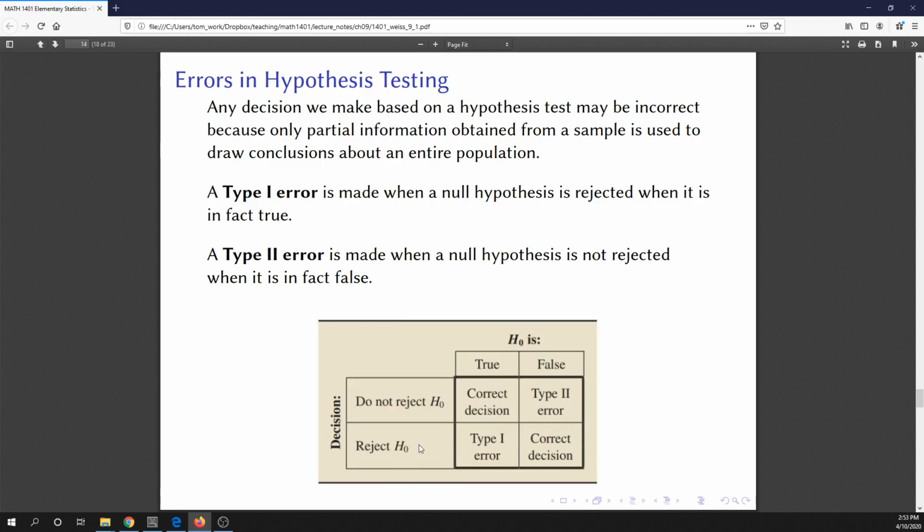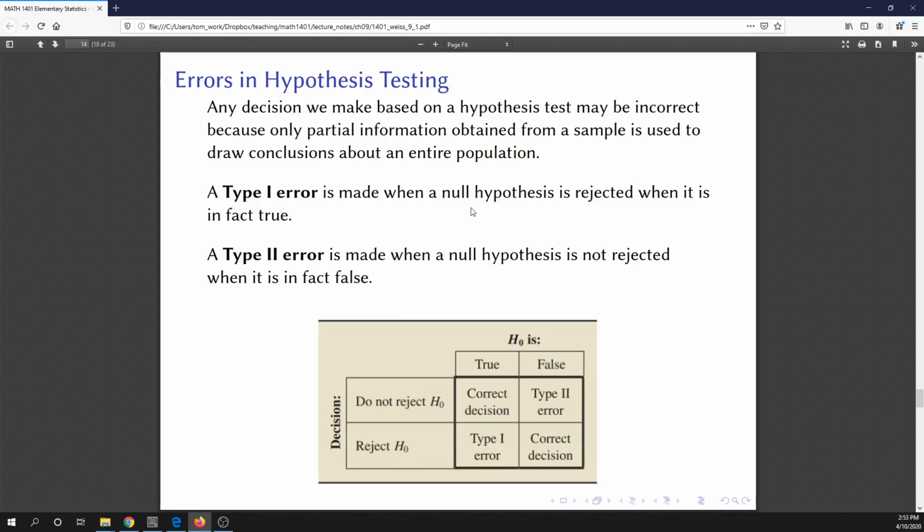That's an error, right? We wouldn't conclude that the alternative hypothesis is the correct one, because that's the opposite of the null, and the null is true in this case. So when we reject a true null hypothesis, that is called a type 1 error.